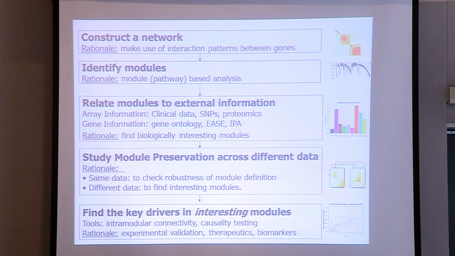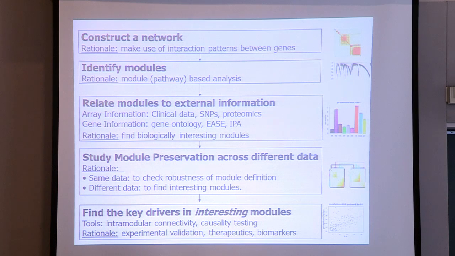Now, in step 3, we relate the modules to external information. For example, clinical data such as disease status or plasma levels of certain biomarkers. But also, we could relate them to genetic markers or to gene ontology information.